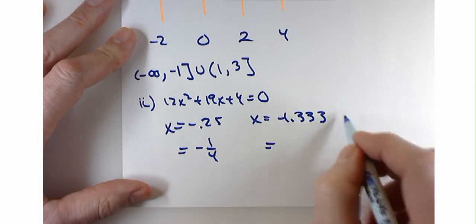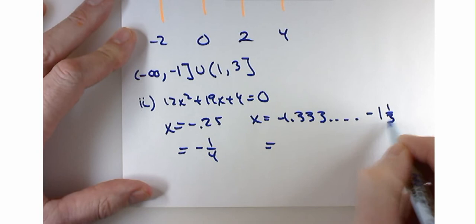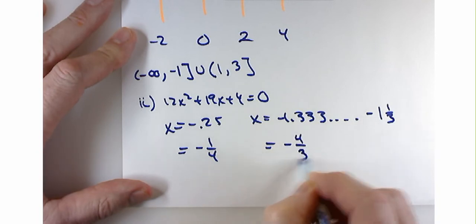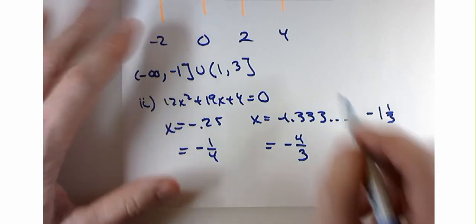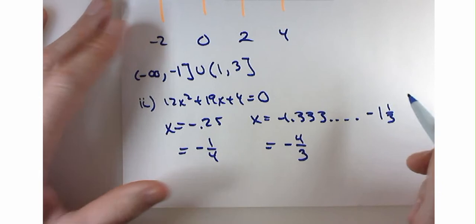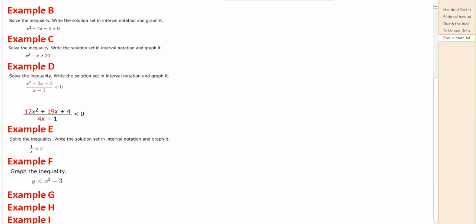The second one kind of looks like -1 1/3, or in other words, -4/3. So those are my 2 points. So you can use those as your critical points. There's going to be another one from the denominator, and you should be all set on a problem like that. I promise that I won't be as mean on an exam as that.